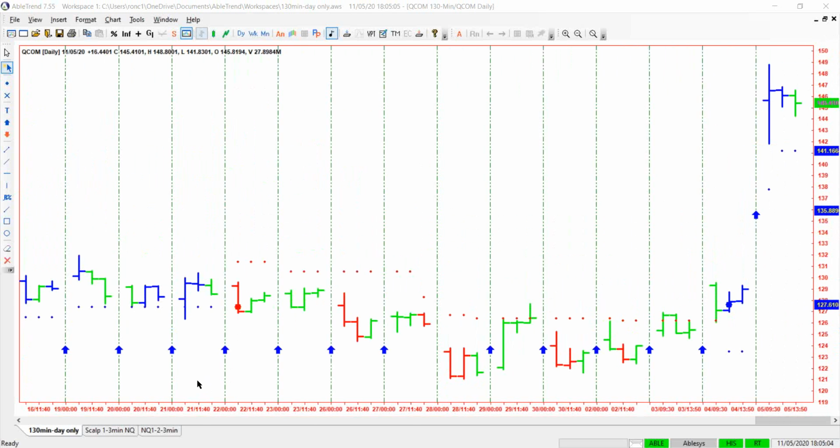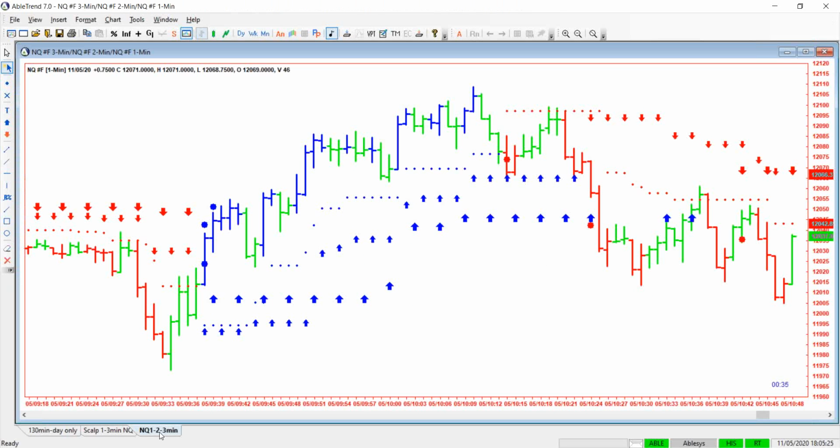You know what? You want to take your profit and run? Great, go ahead. AbleTrend says, hey, we still got more room to go because you got the blue dots. But I certainly wouldn't blame anybody for taking their money and running. Keep in mind, it could go higher, but if you're happy with your profit, by all means, take your profit. And that goes true even for the intraday. You don't have to stay in these trends all day long, like on this half hour trend.